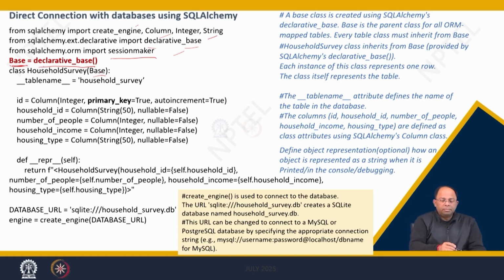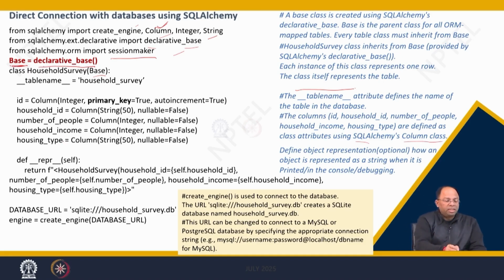So this double underscore __tablename__ equal to household survey. Basically, the tablename attribute defines the name of the table in the database. So this is again fixed, right? And then the columns, because we have already imported the Column class: ID, household ID, number of people, household income, housing type are defined as class attributes using SQLAlchemy's Column class.